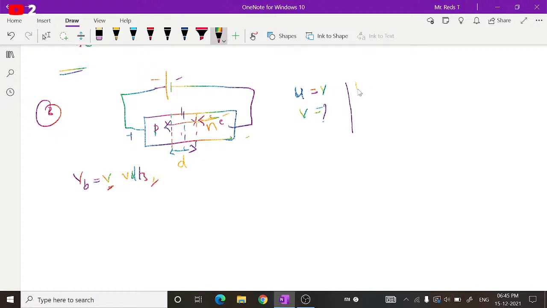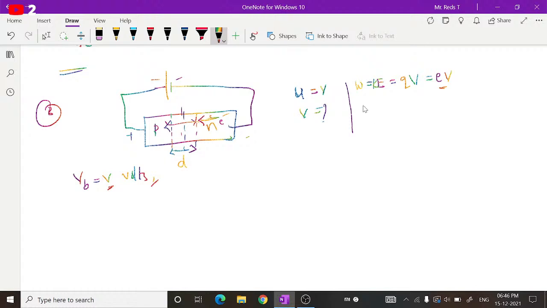The kinetic energy gained by the particle is equal to charge into potential difference. The charge of the electron is e, and the potential difference is the barrier potential V. This is the kinetic energy gained.